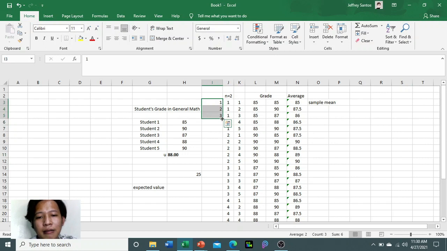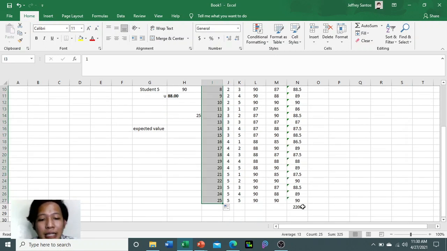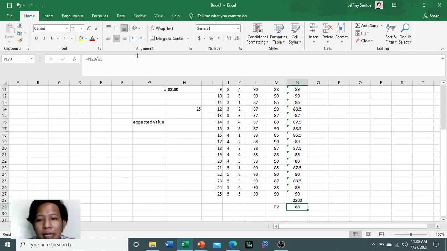So, that is 25. And for us to get the expected value is obtained by dividing the sum by the number of samples you have here. We have 25. Alright, so we have to divide it with 25.